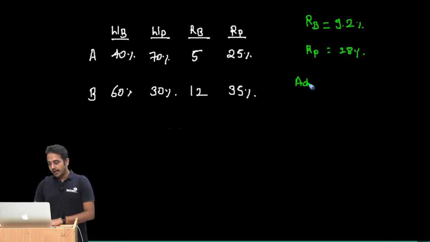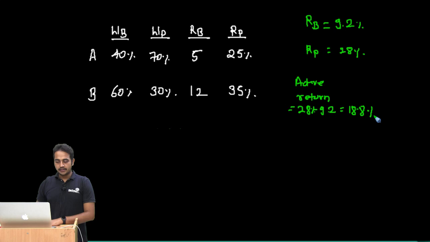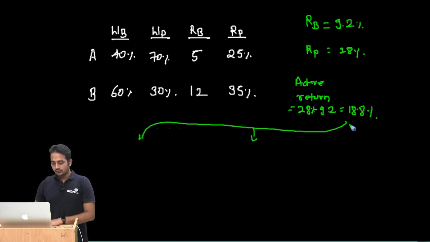Then we calculate the active return, and your active return is 28 minus 9.2, that is 18.8%.